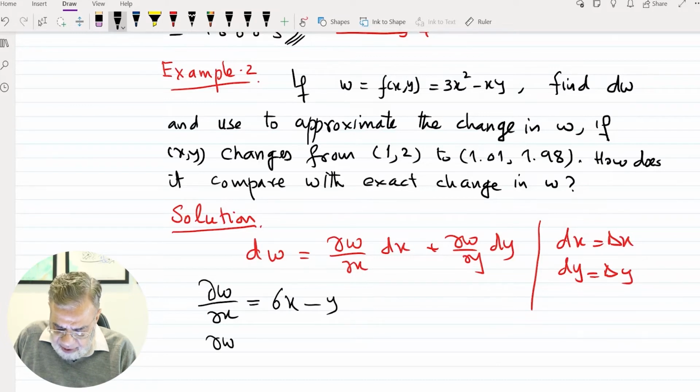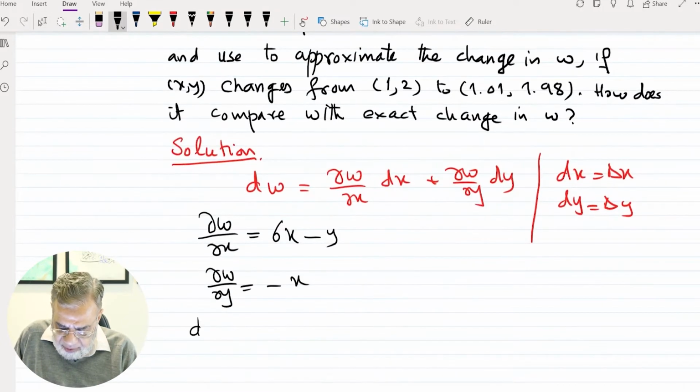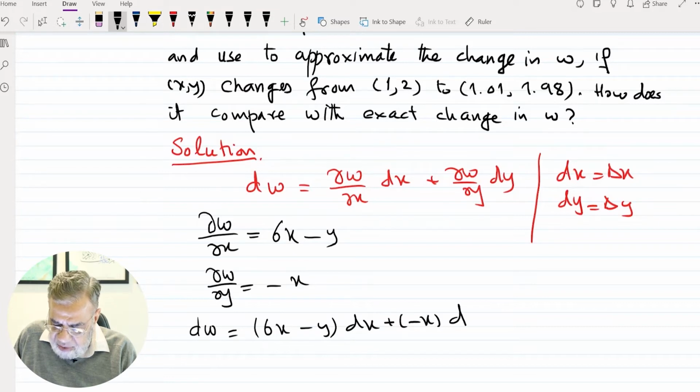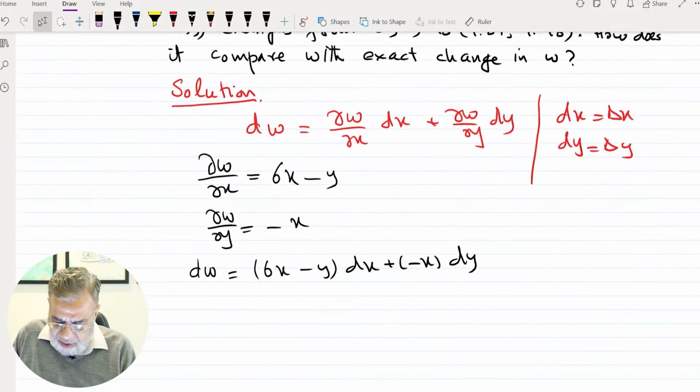And partial w by partial y, taking x as constant, this will be 0 here, and then this will be 1 and we get here minus x. So here we can write our dw is equal to 6x minus y into dx, plus minus x into dy.